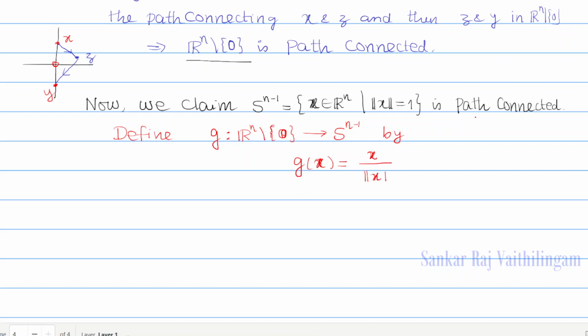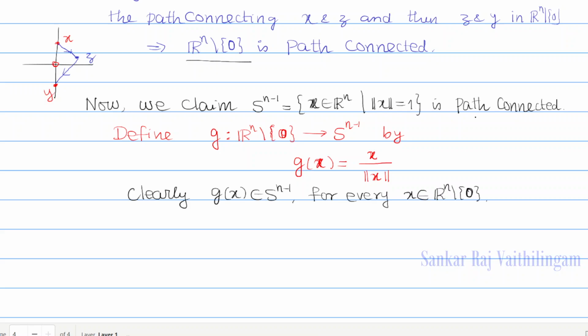Clearly, g of x belongs to Sn minus 1 for every x belonging to Rn set minus singleton 0.